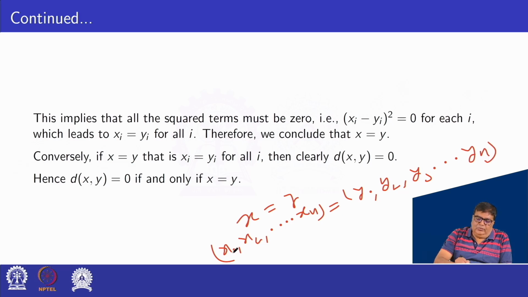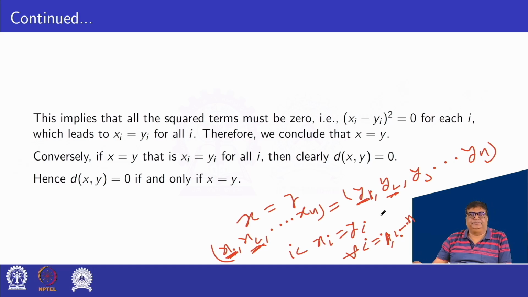So x1 = y1, x2 = y2, that is xi = yi for all i = 1, 2, and so on n. So d(x,y) = 0 if and only if x = y.